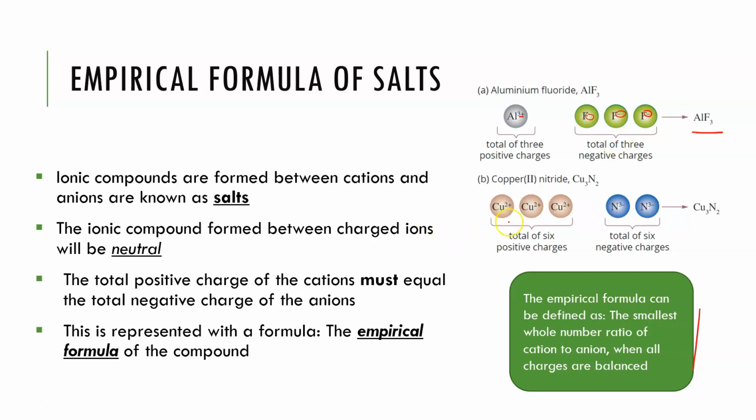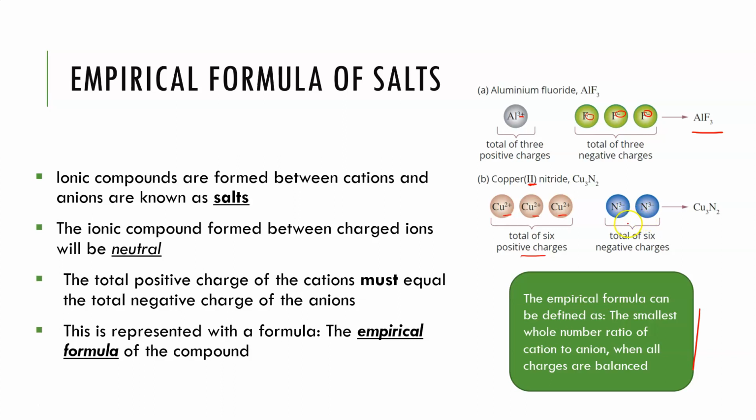In the case of copper nitride, Cu3N2, I can see that copper has a +2 charge in each of these, indicated by the Roman numeral given after its name. So I have 3 lots of +2, which is a total of 6 positive charges, and 2 lots of -3, because nitrogen is in group 15.